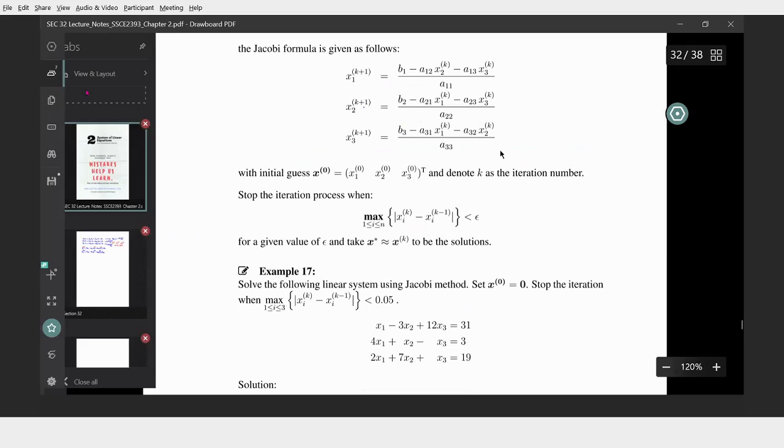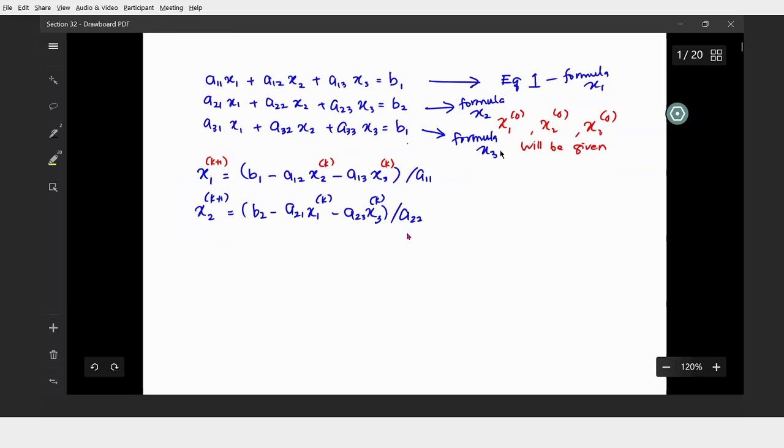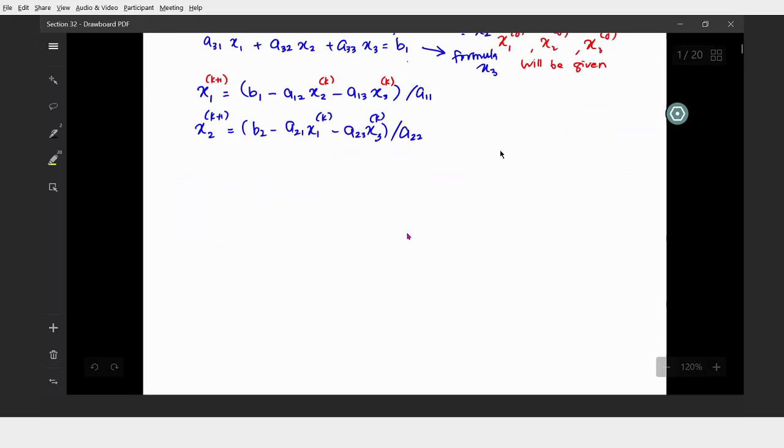Later in your calculation, you are going to have the values for x1, x2, x3. So at each iteration, you are going to compute the absolute value of x1 minus x1, the previous iteration and the current iteration. I can have k here, and this one is k minus 1.